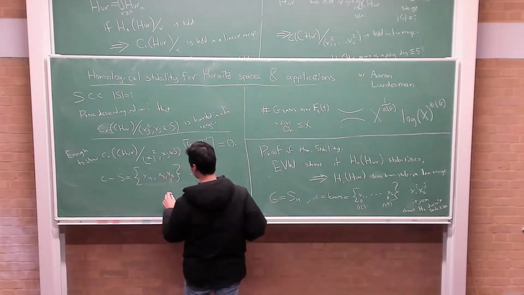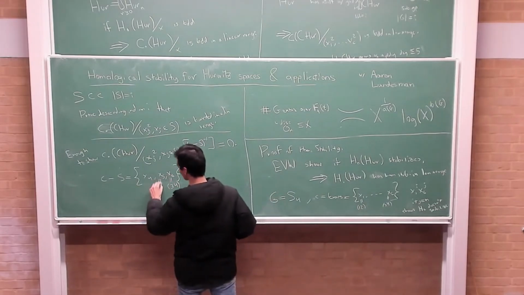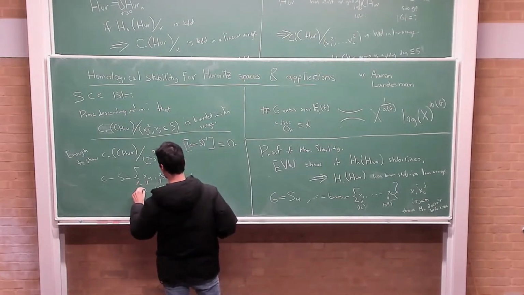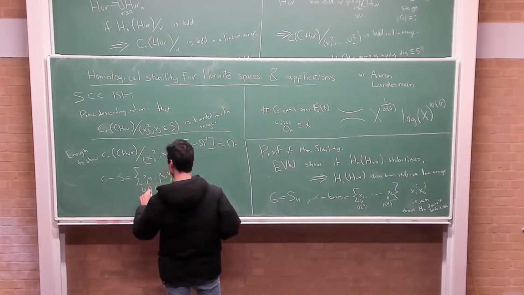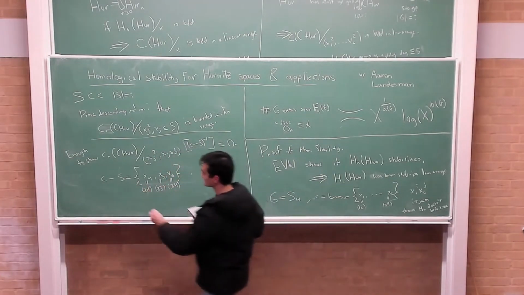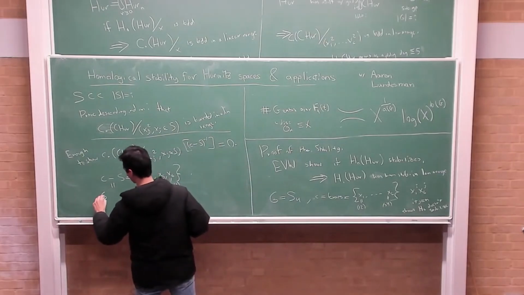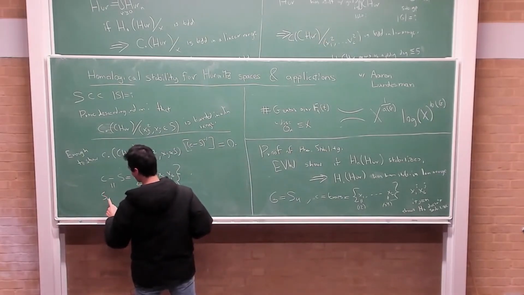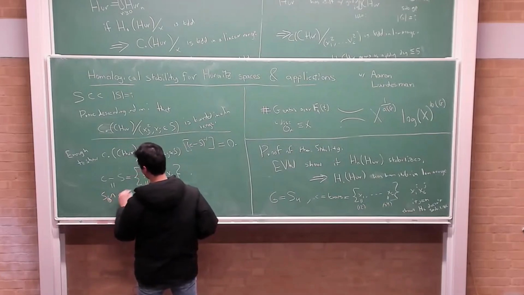I chose this one to be the transposition 3, 4. Let's choose this one to be the transposition 2, 3, and this to be 2, 4. And so this has the property that this is actually just S4. This is S3 intersected with C.